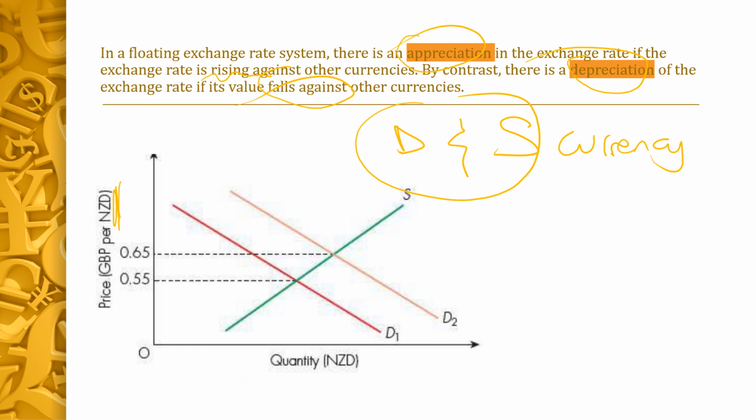This will increase the demand for the New Zealand currency, shifting demand from D1 to D2. This raises the price of the exchange rate from 0.55 to 0.65.